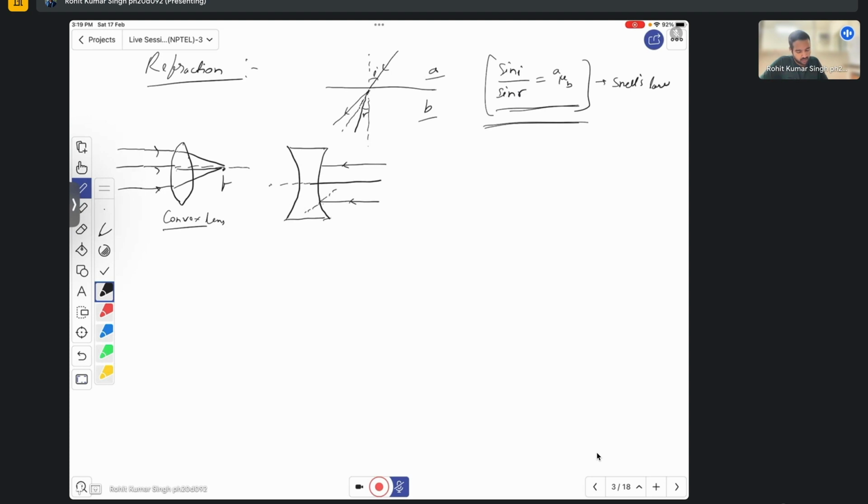So the light ray, instead of going like this, will bend towards the normal like this, and then again from the lens to air, the normal is this, so it will bend towards the normal. So the light ray instead of going like this is going like this, right? So it is diverging. Similarly here it will diverge like this, and you can trace it back here and find the focus of this.